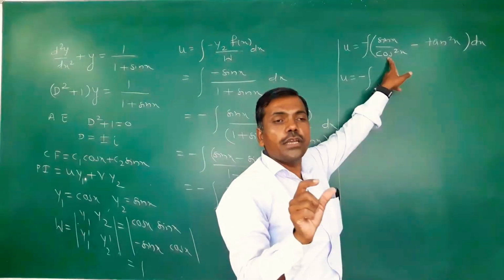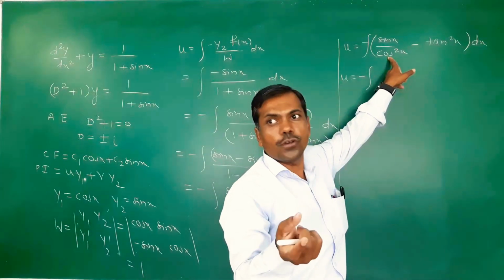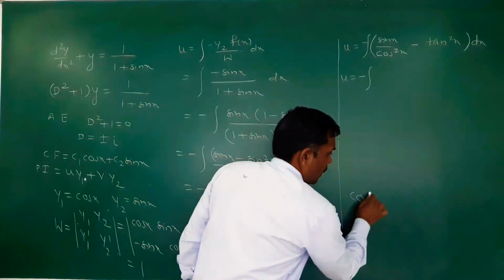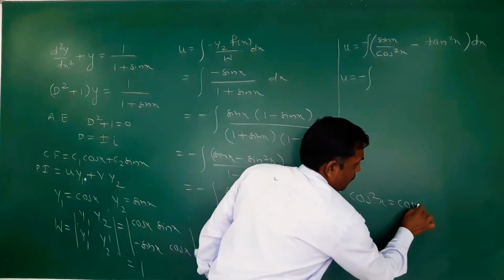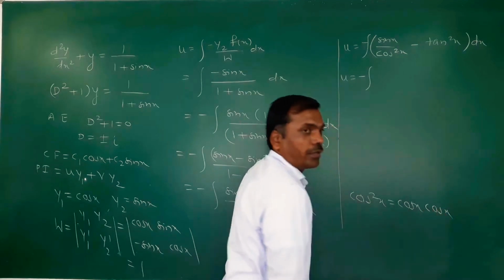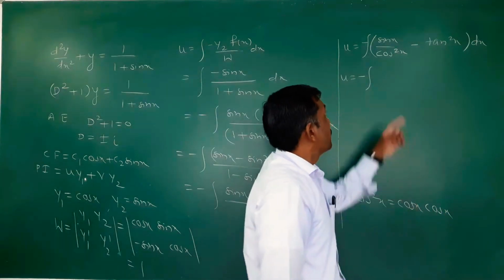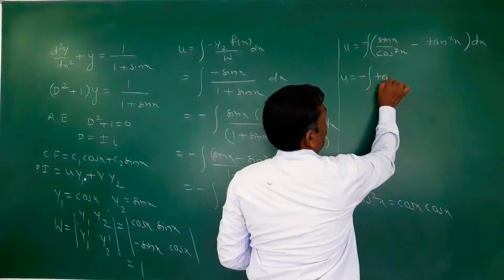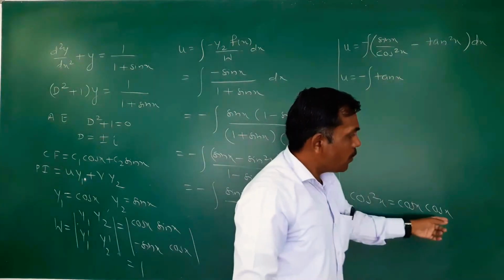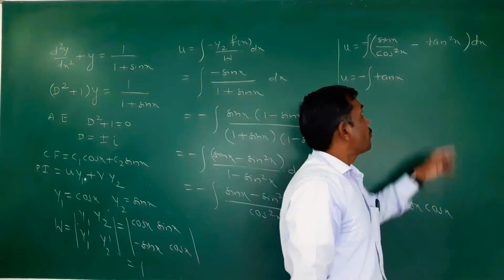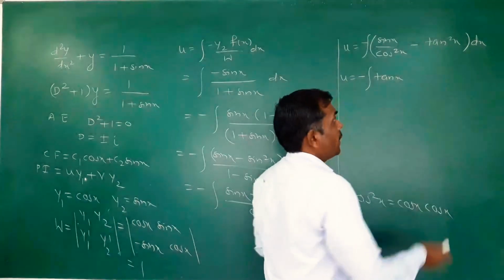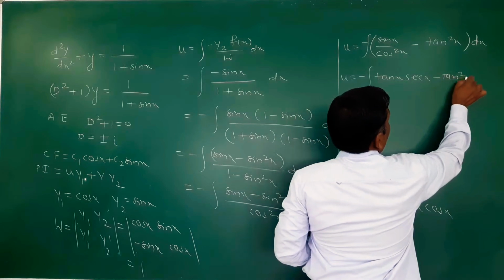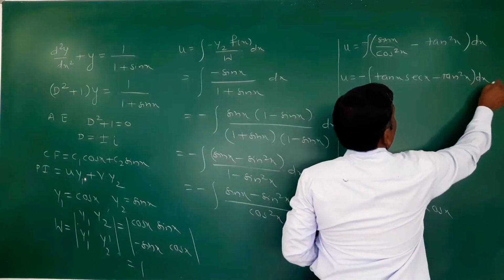That cos² x we can write as cos x into cos x. So I take one cos x: sin x upon cos x is tan x. And one cos x remains as it is, so 1 upon cos x is sec x, minus tan² x, then dx.